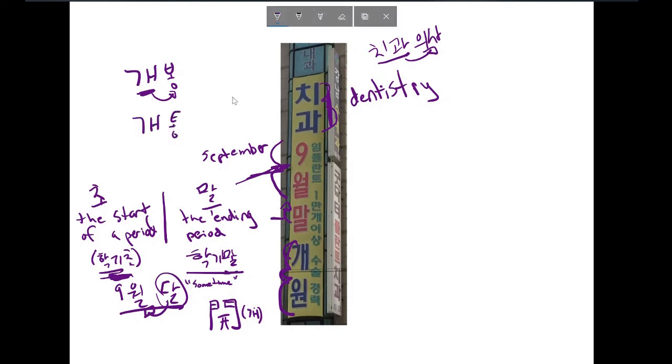And this is very, very similar to 개원. Really, what all of these are saying is that this is the opening. 개 is referring to the opening of this movie, or the first night of the movie. And what 통 is referring to is the opening of a new road, or a new subway line, or something like that.